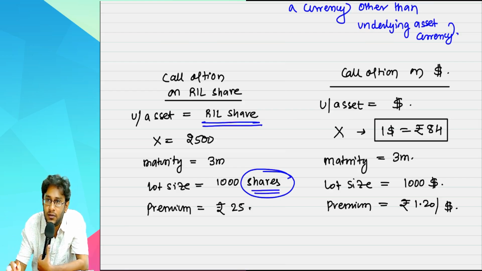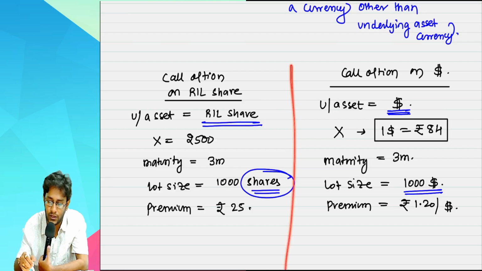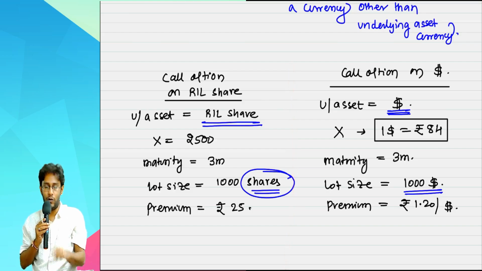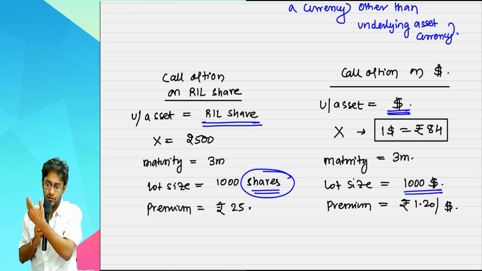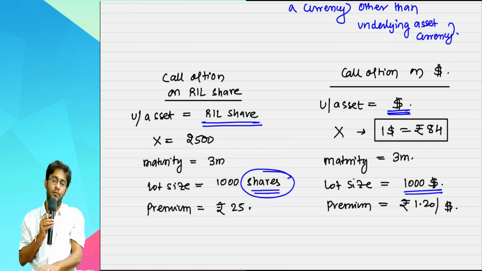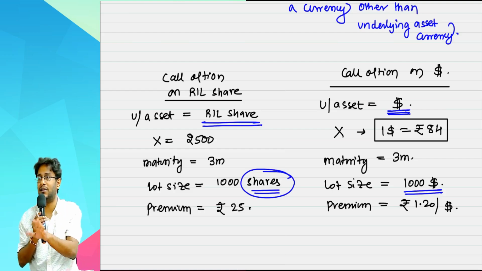Is that clear? Come to the right side. Lot size is in which currency? $1000, which is also nothing but the underlying asset currency. When you do a call option on a share, confusion will not come, because there are two things. One is the price, which is 2500 rupees. The underlying asset is the share. So the price is in rupees, the underlying asset is the share.